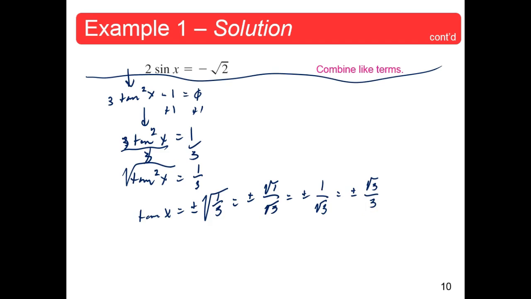Okay, that done. What in the world is your tangent then? What value x will give you either a plus or a minus root 3 over 3, or 1 over root 3, whichever way you understand or see it best? Is there anything that seems to be familiar to you?